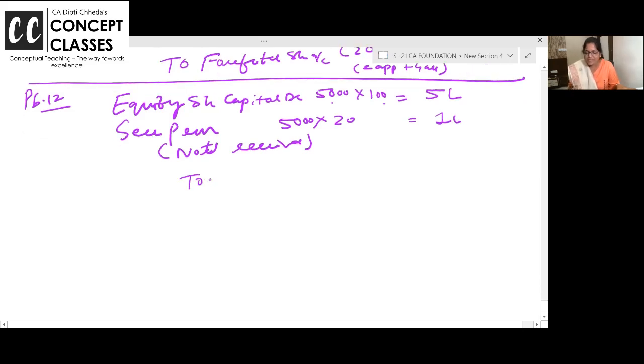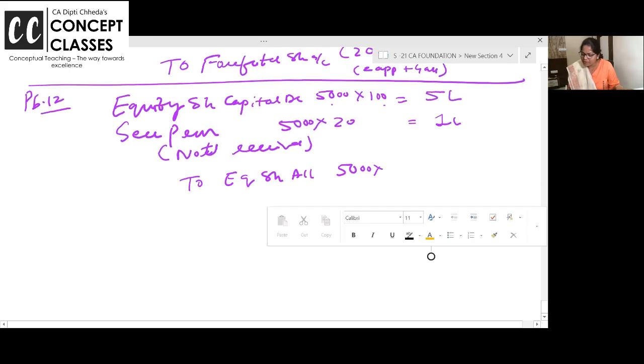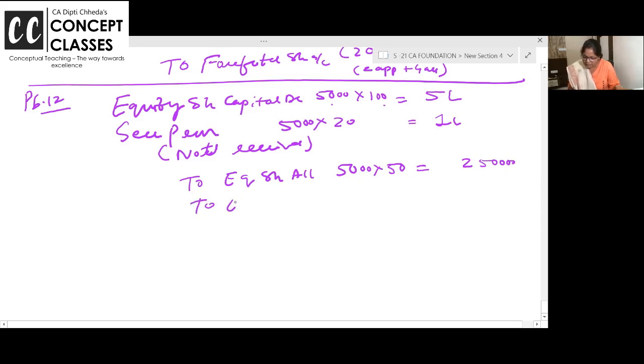Now, what is due and not received? Equity share allotment. कितना है? How much was allotment? Including the premium, 50. Look at the second line. Allotment is 50. $250,000.